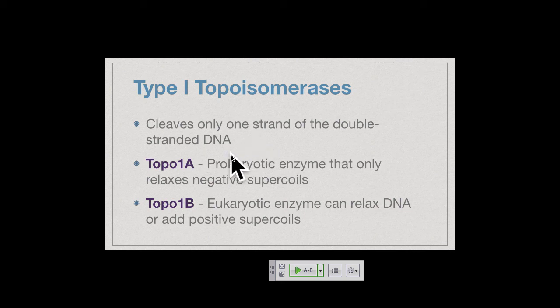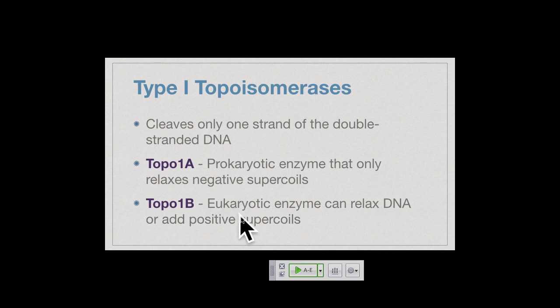There are a couple of these enzymes. Topo 1A is a prokaryotic enzyme that only relaxes negative supercoils. So would it add negative supercoils or positive supercoils? If it added negative supercoils, it'd wind it up even tighter. So it has to put positive supercoils in to relax the negative supercoils.